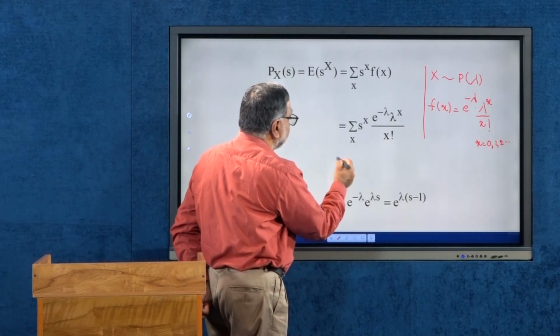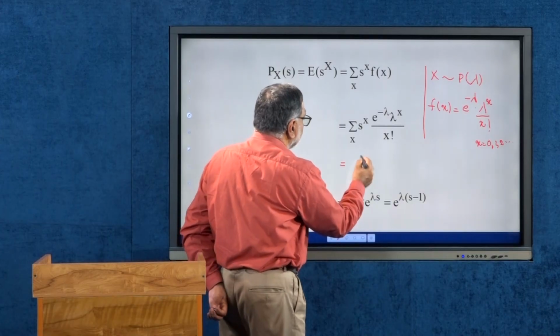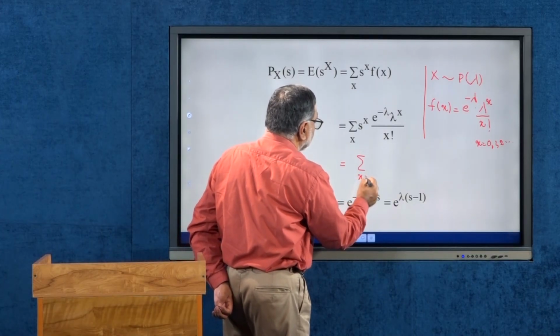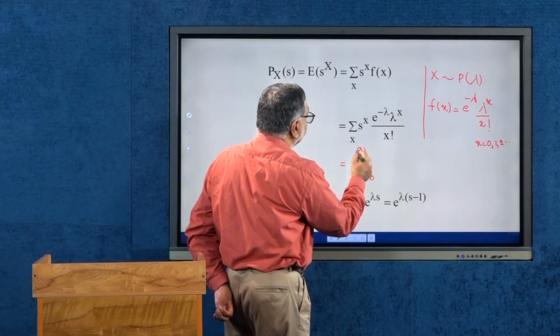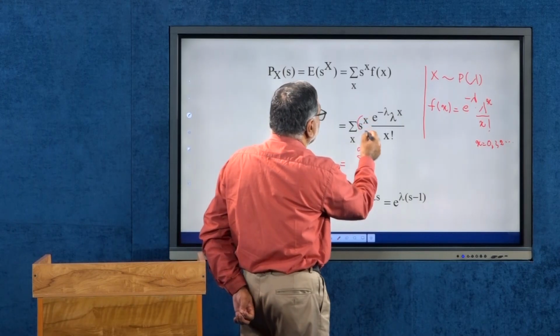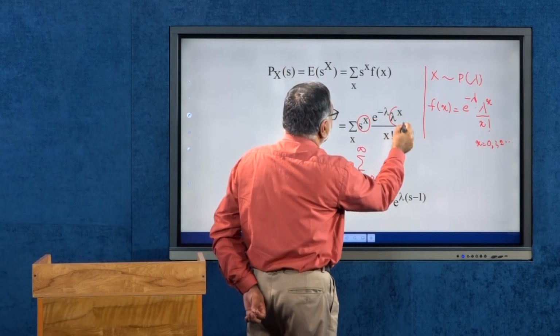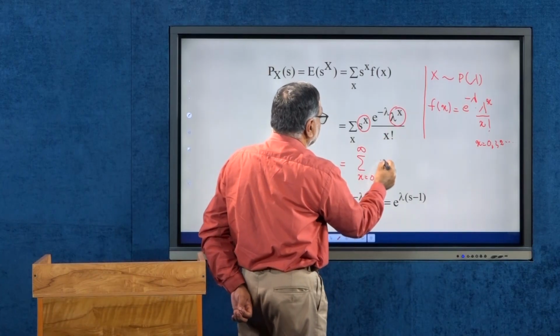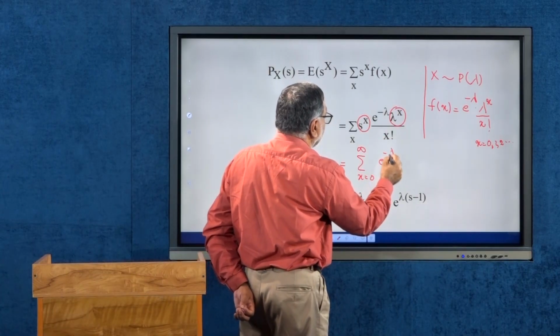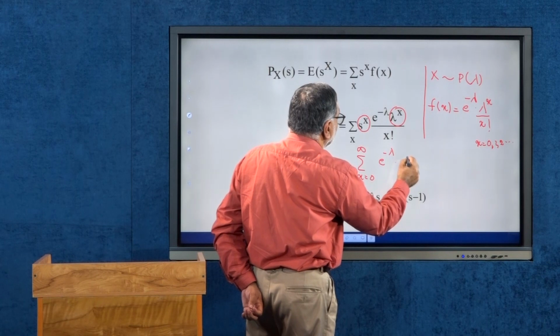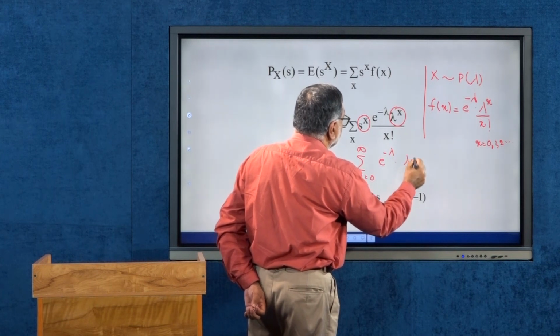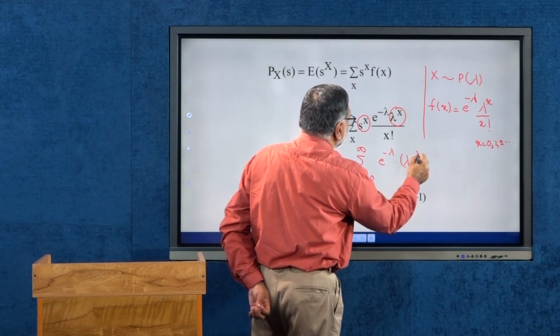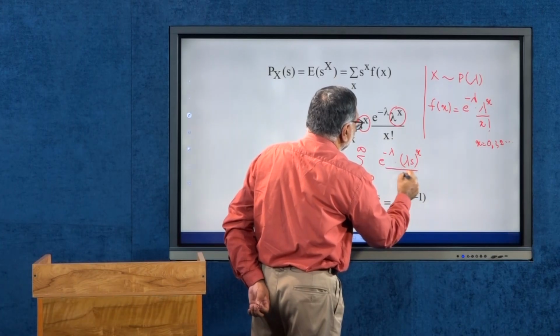And this expression can be written as sigma over x is equal to 0 to infinity. This s power x and lambda power x combined together, you can write as e power minus lambda into (lambda s) all power x divided by x factorial.